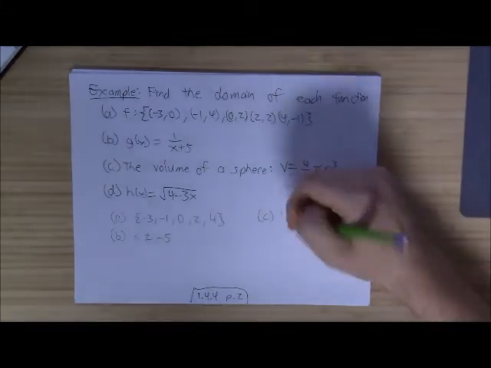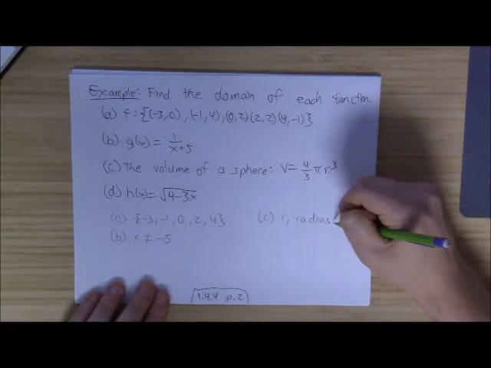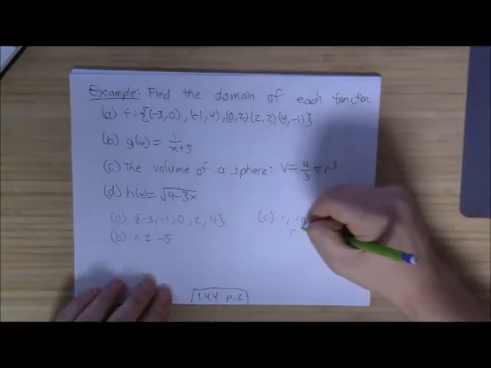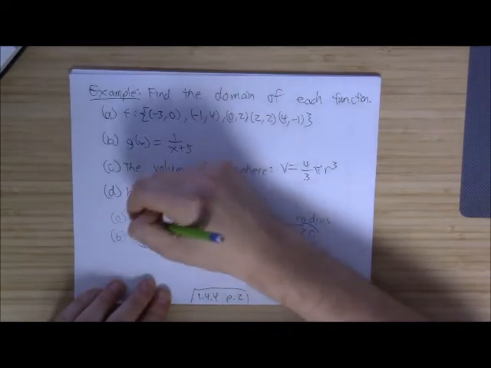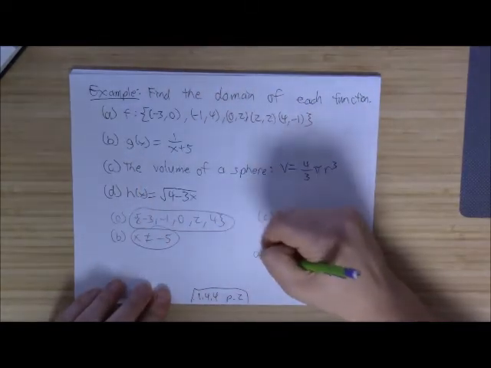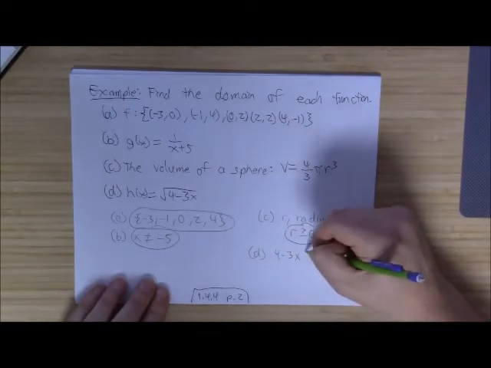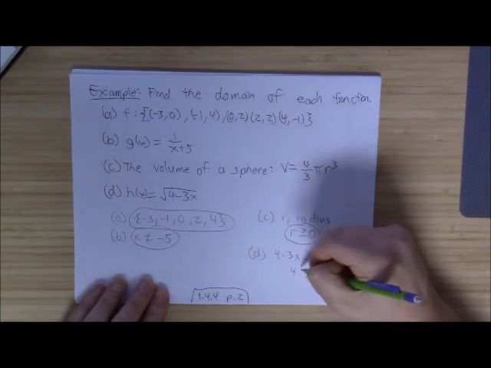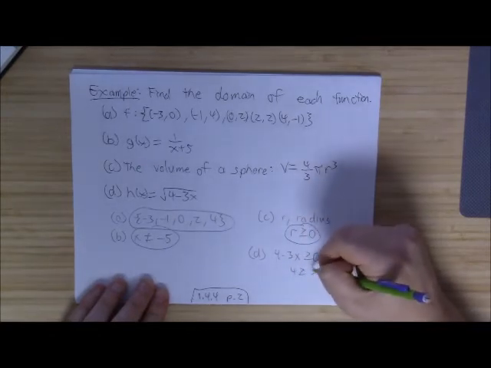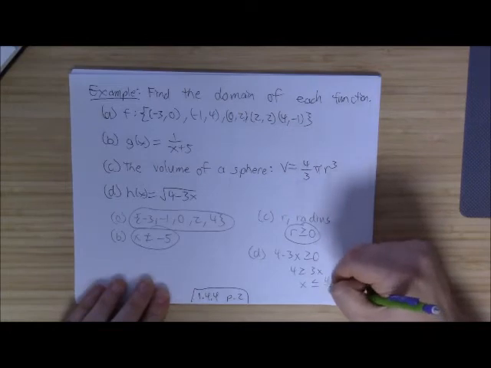So our r is a radius, which means that we need r to be greater than or equal to 0 for this to work. And then finally, for d, we know that 4 minus 3x needs to be greater than or equal to 0. This is an inequality. We have 4 greater than or equal to 3x, which means x must be less than or equal to 4/3.